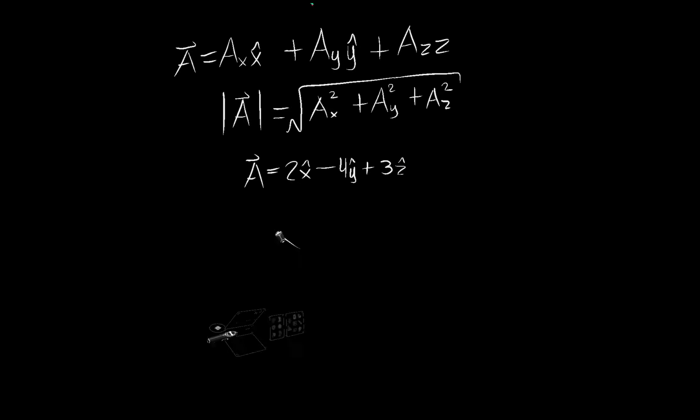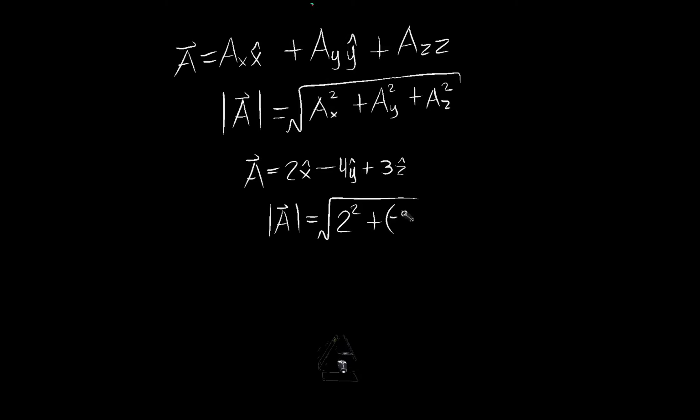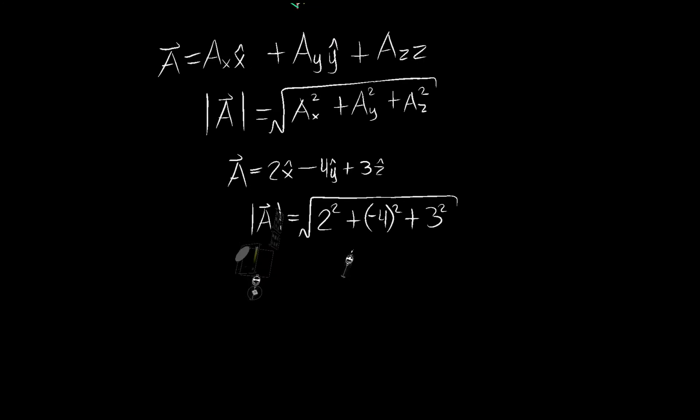To find the magnitude of A, you do the square root of 2 squared plus negative 4 squared plus 3 squared. And if you calculate that out, you should get the square root of 29.